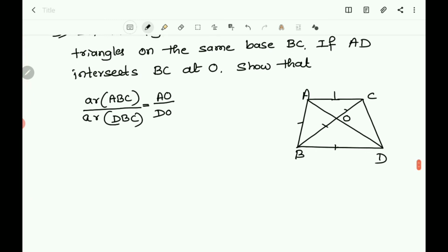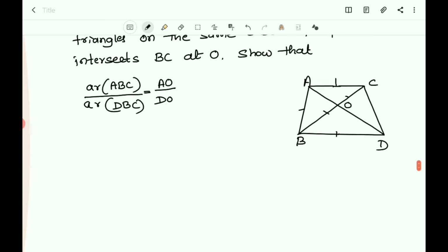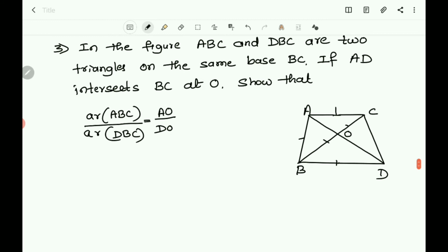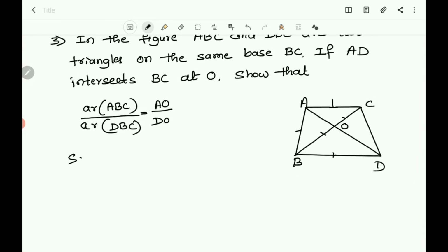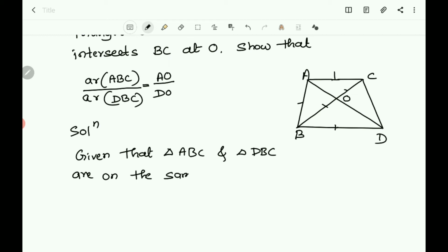So see the triangle here. Given that, in the solution we have triangle ABC and triangle DBC on the same base BC, and we have to prove that area of triangle ABC by area of triangle DBC is equal to AO by DO.